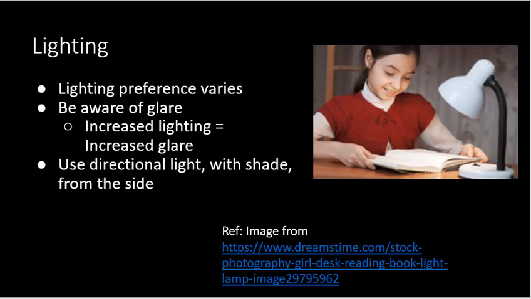The preference is to put the bottom of the shade approximately at chin height and ensure that the light is coming from the side. And that will help to minimize glare. The other thing probably to mention here is that the further away the light source, the duller the light is going to be. So the closer you put the globe or the reading lamp onto the book, the brighter the book will appear.